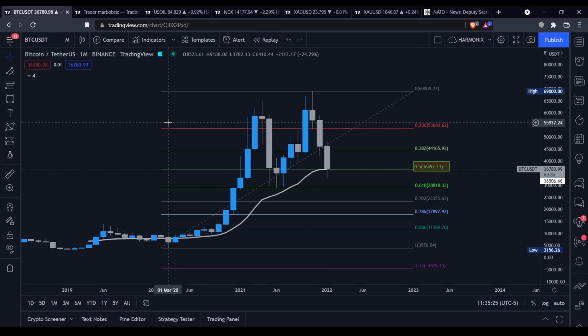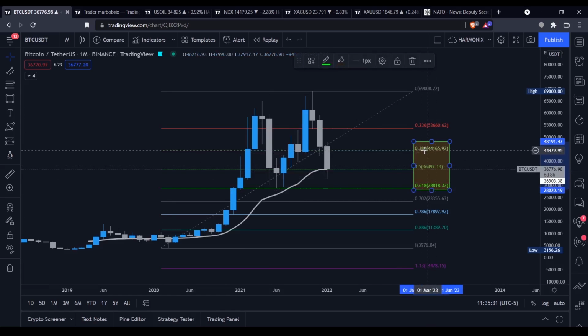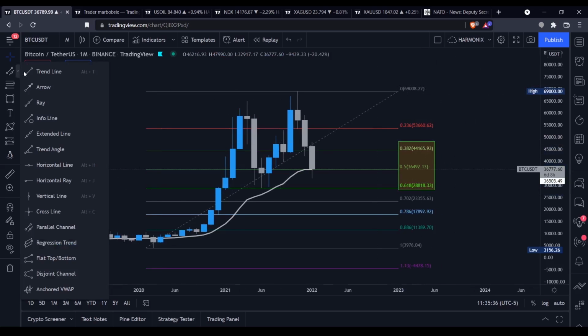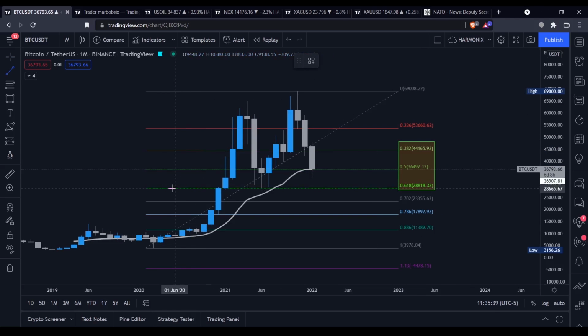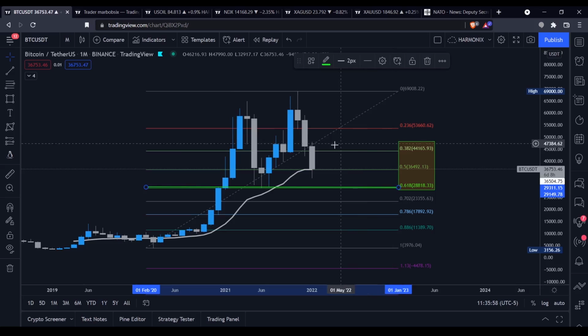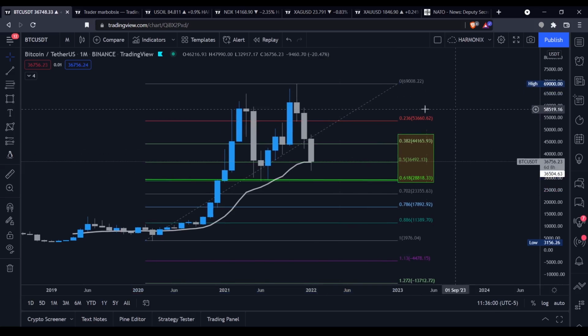We are sitting at the 50% retracement, as well as a 21 weekly EMA. We do know if we break below, we have the range of the common levels of retracement, 0.382 all the way to 0.618. We do know that if we keep holding this major level at the golden pocket, Bitcoin could still find support and start reversing to the upside.